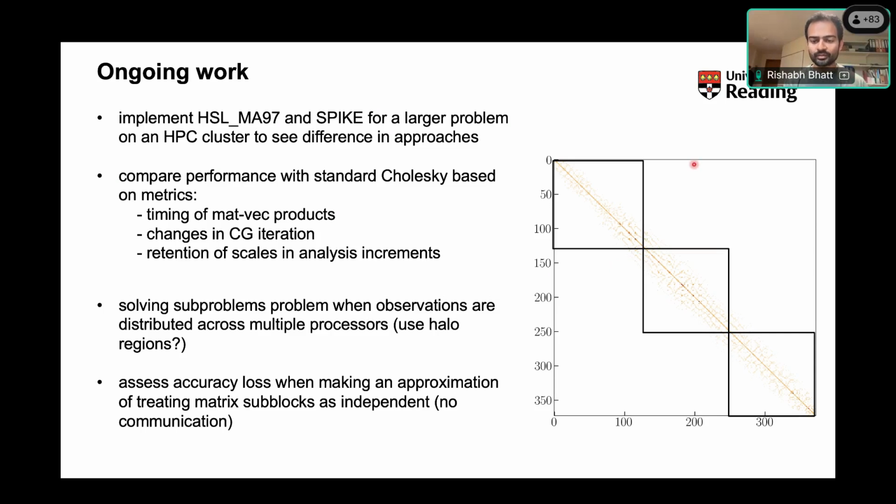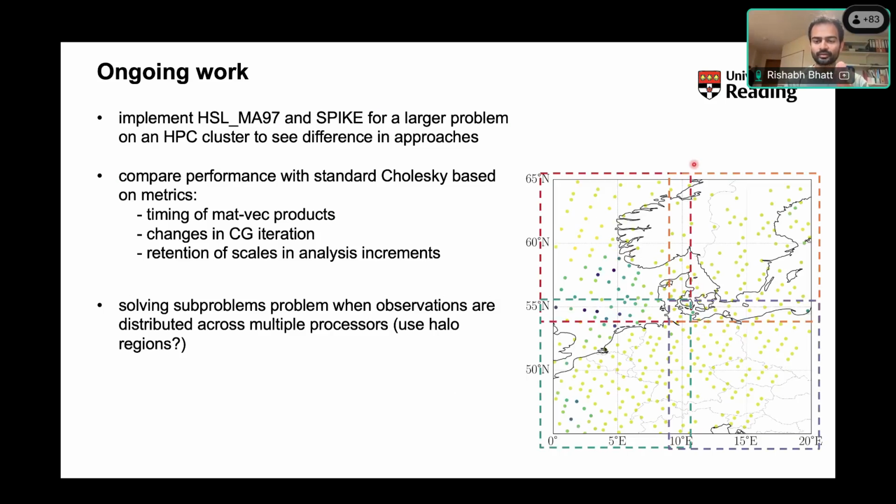If you want to apply this in a global domain, rather than considering a small section, you would consider the whole globe, and then you would have to divide it into small subdomains, so it's like a domain decomposition. You take very small subdomains and you solve them in parallel, and that's where you would have to assign the observations. There should be a limit to it.